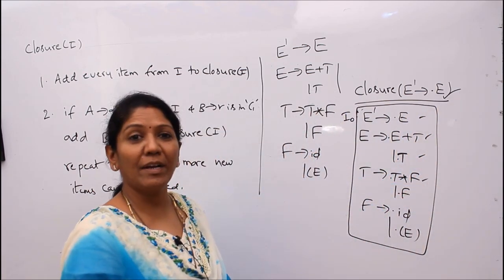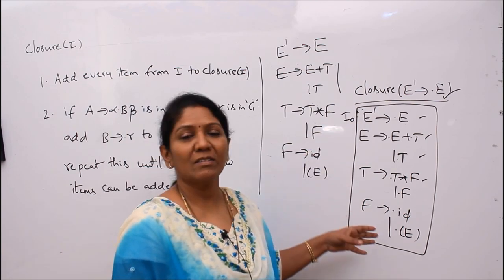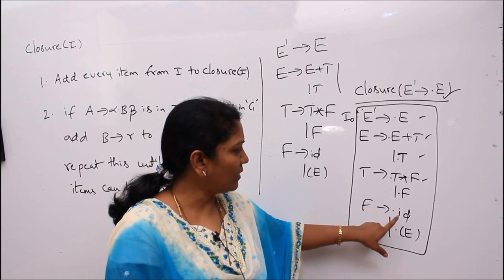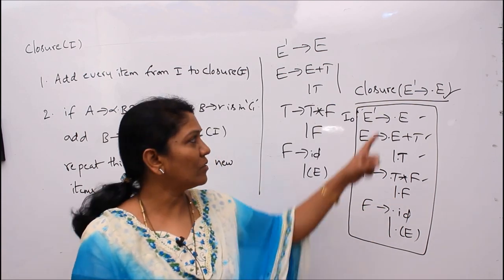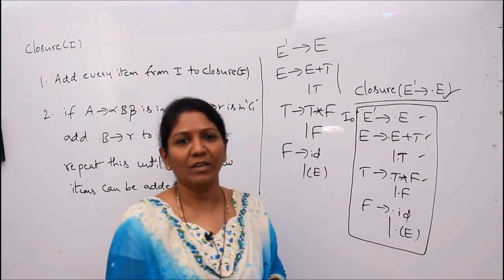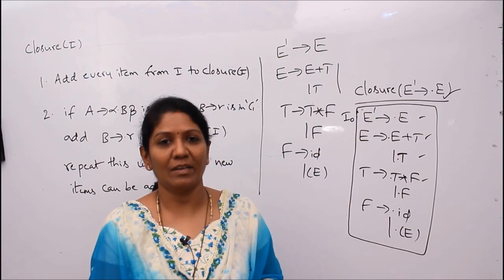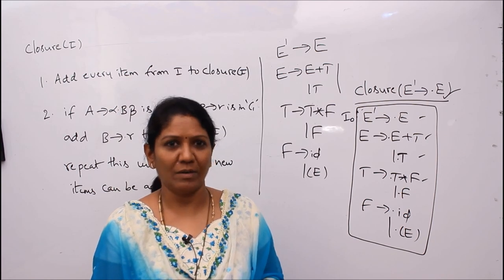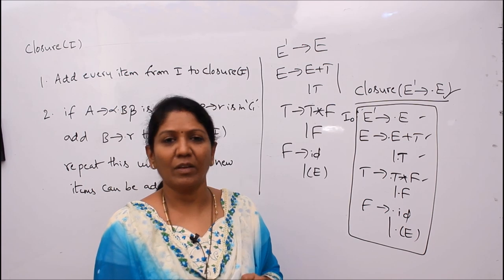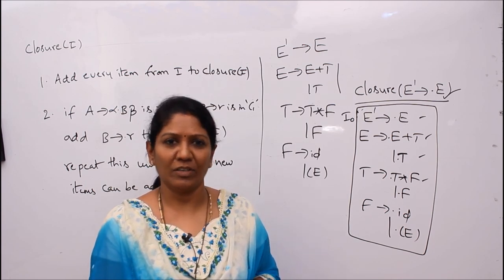But when you have applied closure function, it has resulted in how many items? 1, 2, 3, 4, 5, 6, 7. Though there is only one item in the input, when you have applied this closure function, it resulted in 7 items. 7 LR0 items, that we call as set I0. Okay, this is closure function.